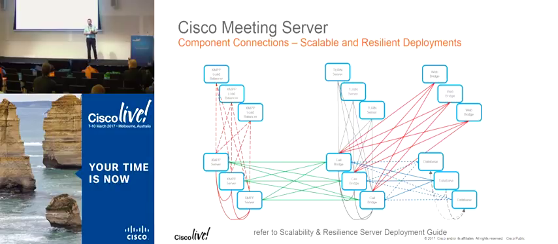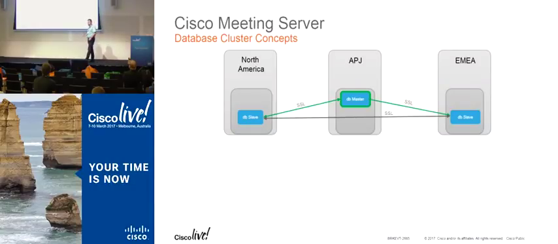But what this does provide is pretty much zero single point or single component failure. So if one component fails, we have multiple other components to pick up the slack or to continue the platform running.